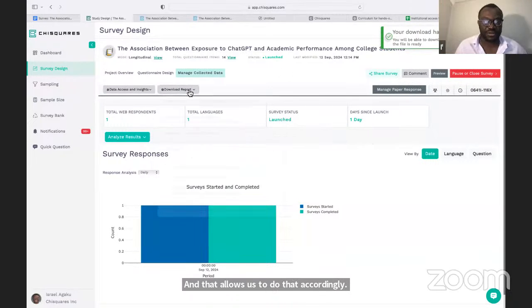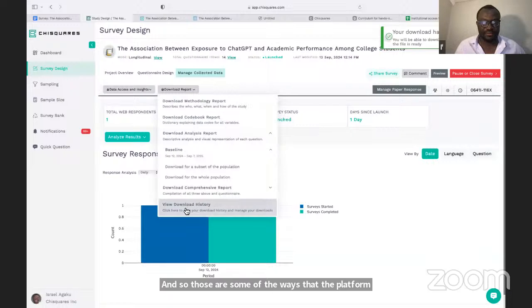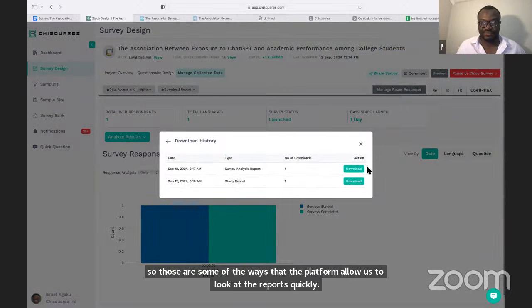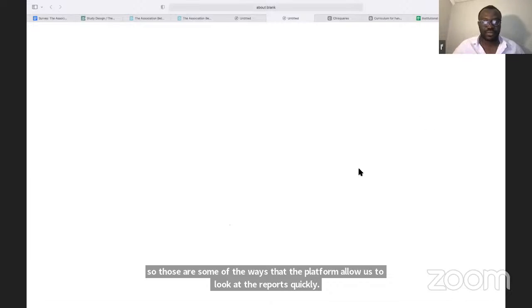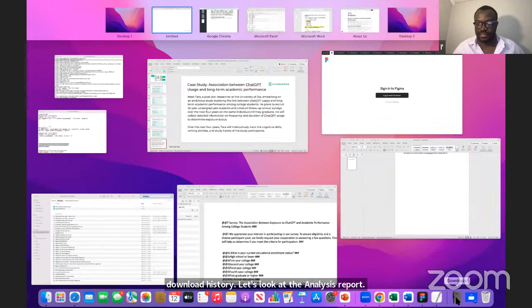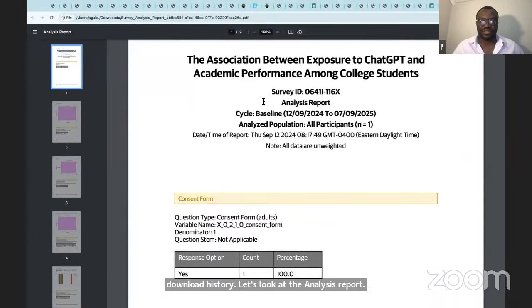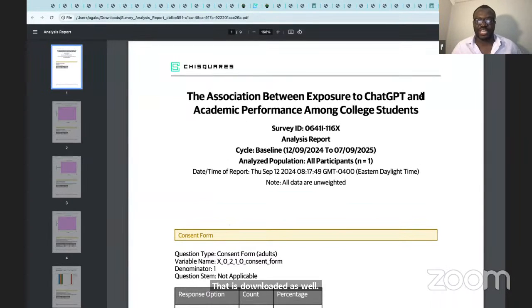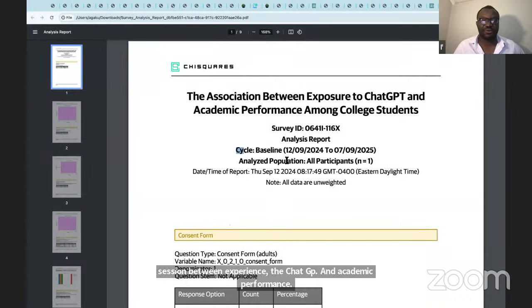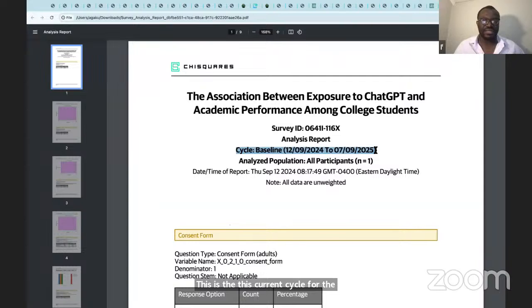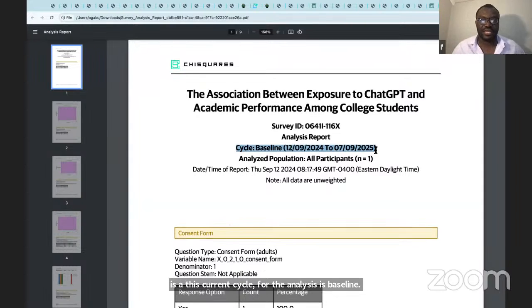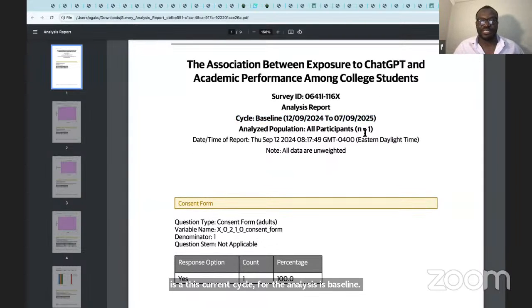Okay, let's just look at the reports quickly. View download history. Let's look at the analysis report. That is downloaded as well. So this is the analysis report. The association between exposure to ChatGPT and academic performance. This current cycle for the analysis is baseline because we are currently in baseline. The analyzed population is 1 person.